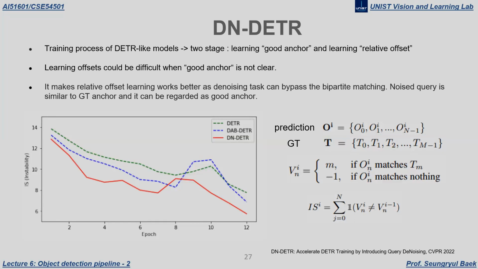Okay, so the authors are saying that DETR-like models' training happens in two stages. First, good anchor points are obtained, and then the fine details, the relative offsets, are further optimized.